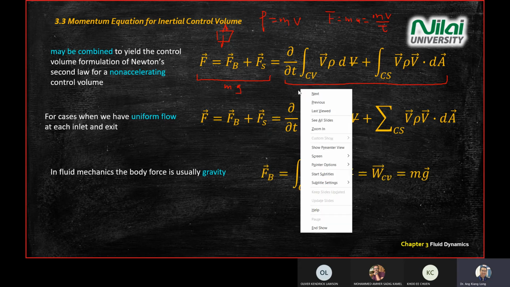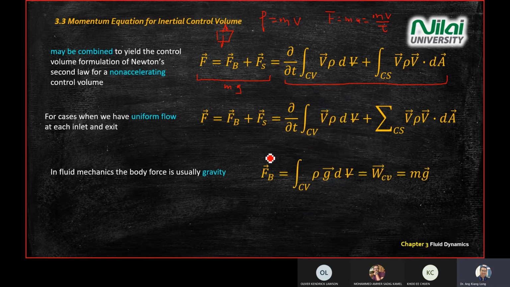So the third equation here is just a reminder of what is body force. Body force is mg. So how do you get mg? How do you get your m? You take the rho times volume times the gravity. Your rho and g are constants, so the only thing that can change in the system is volume.